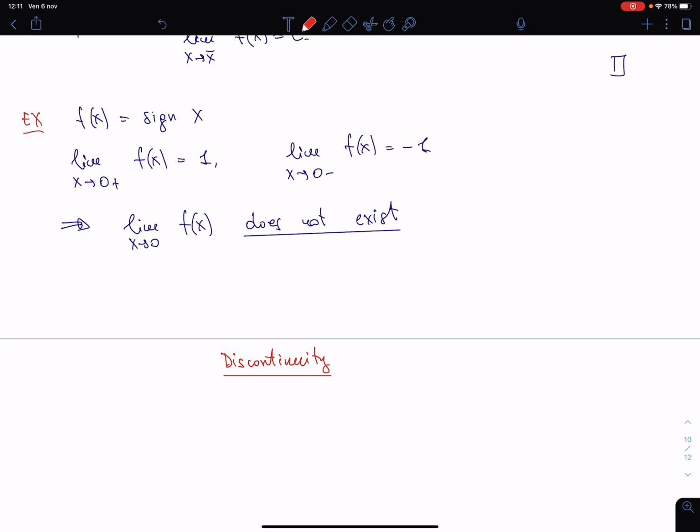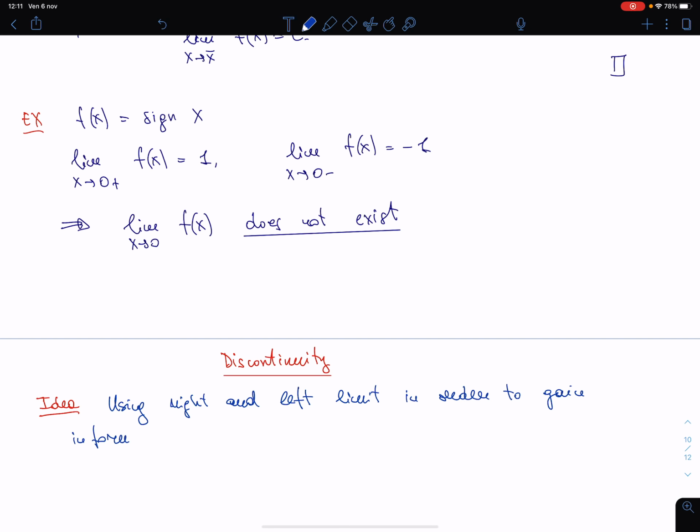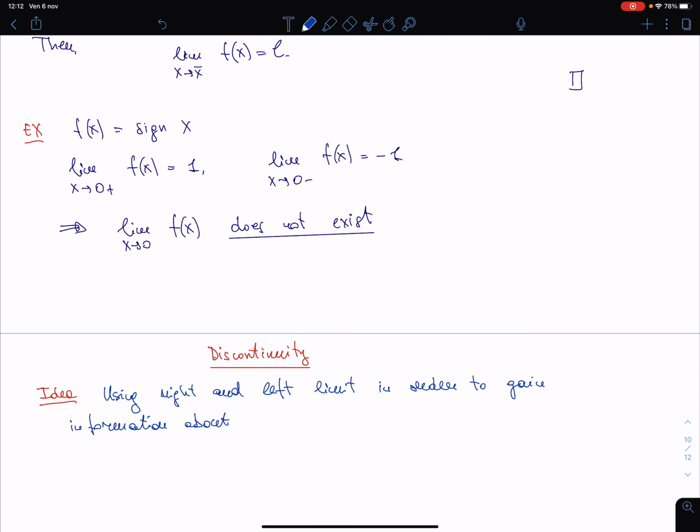So because the idea, when we talk about discontinuity, the idea is using right and left limits in order to gain information about the local behavior, local means near point x bar, of a function.